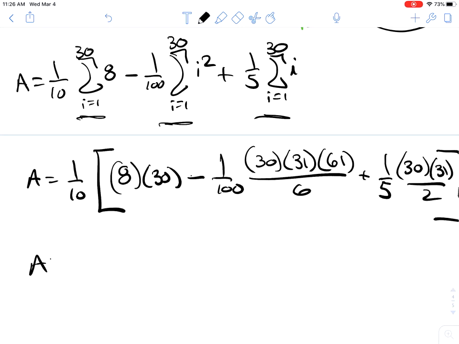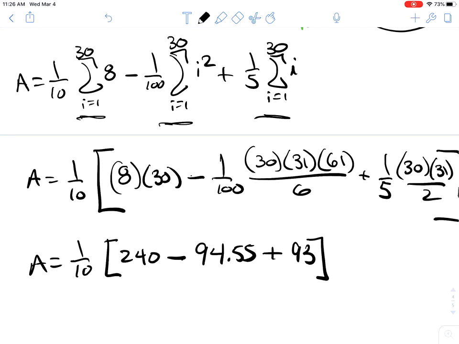And if we simplify this, we get 240 minus 94.55 plus 93. And if we add all of this up and multiply by 1/10, we get 23.85.